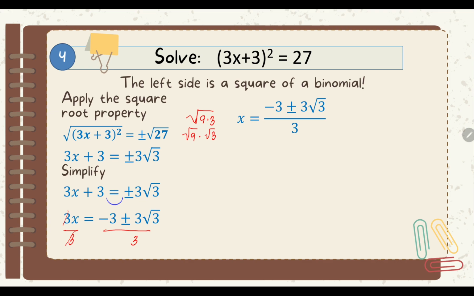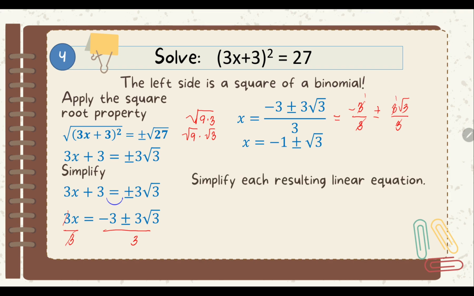And you can see here that both terms, negative 3 and 3 times the square root of 3, are divisible by 3, giving us negative 1 plus or minus the square root of 3. Because we can rewrite this as negative 3 divided by 3 plus or minus 3 times the square root of 3 divided by 3, and we will see here that 3 divided by 3 is 1 and 3 divided by 3 is also 1.